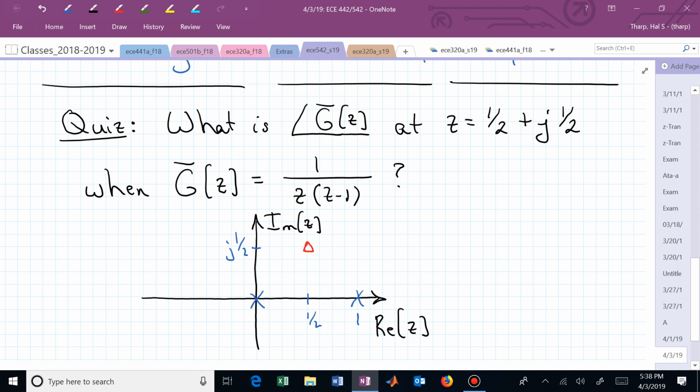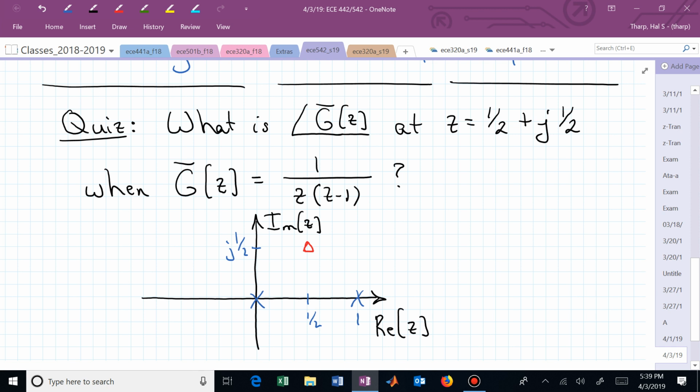Probably the more intuitive way to do it is graphically, by sketching, and then pull out your protractor. I'm sure everyone has a protractor somewhere in their pocket or backpack. Maybe it's on your phone.